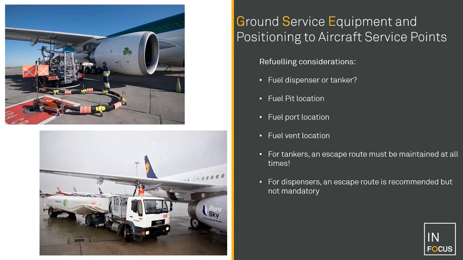Refueling is a major issue in your stand design. And because you have options, again, depending on the aircraft type, underwing is possible. Again, the A320 series aircraft have a much higher wing and can be serviced as a rule from underneath the wing, whether you're talking about a dispenser as in the top photograph here, or a fuel tanker as in below.